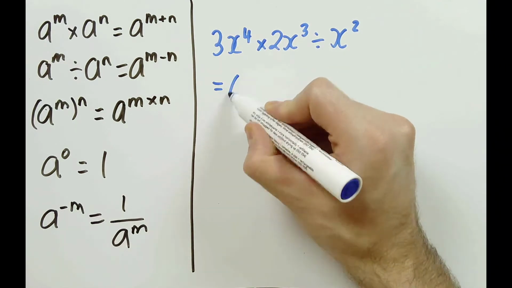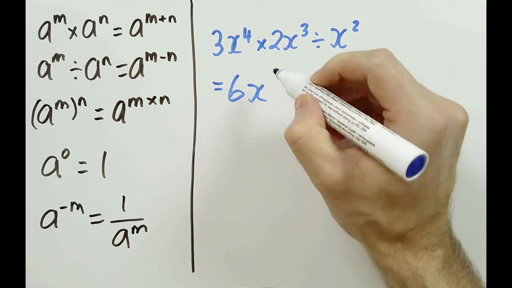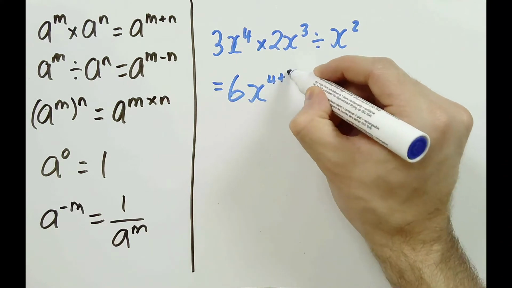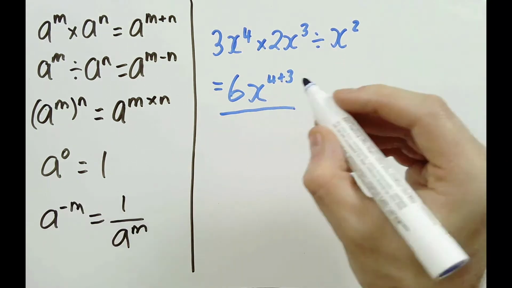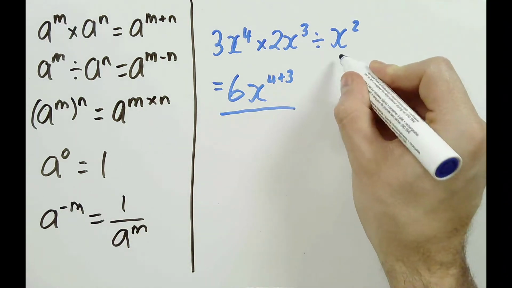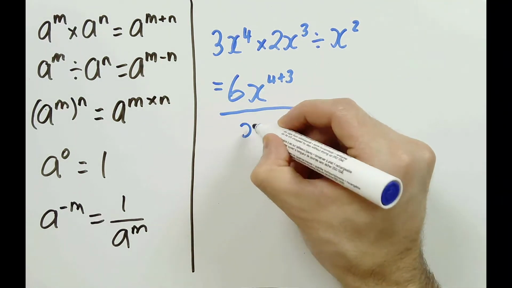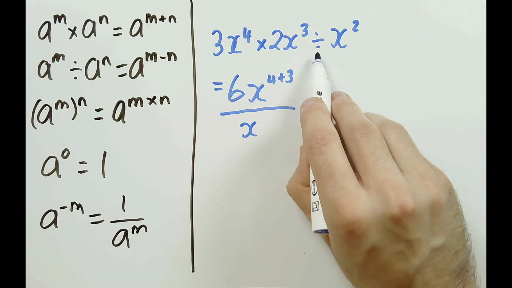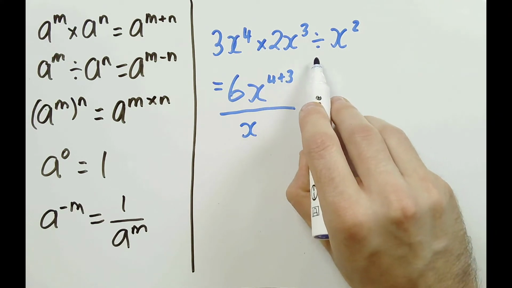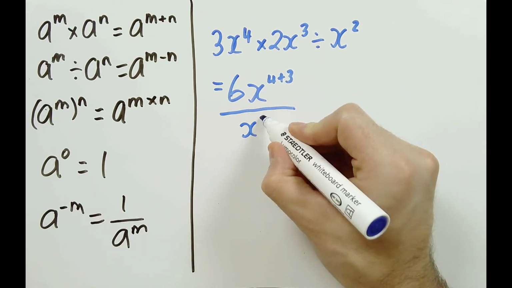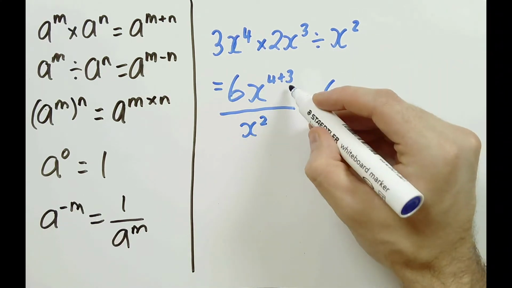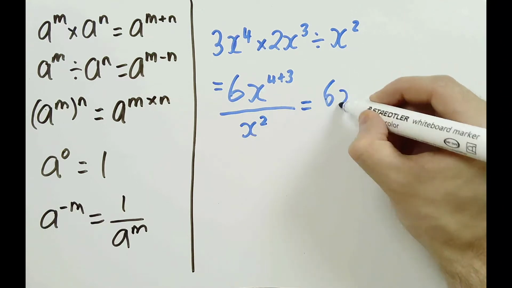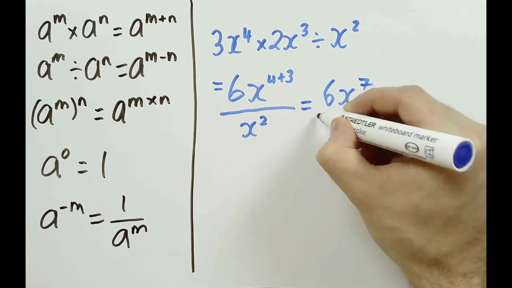We're left with x to the power of 4 plus 3. And what we can do as well is write out the x squared on the denominator of our fraction instead of representing it all on the same line using the division symbol. And by solving the equation in the index, we're left with 6x to the power of 7 over x squared.